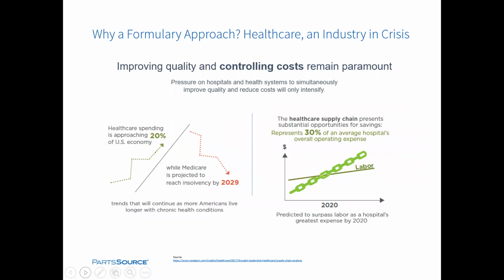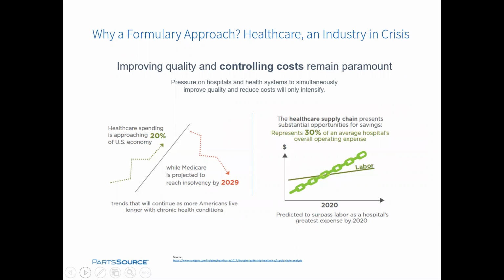So the good news here is that many hospital supply chains are working hard to identify areas for cost containment and to identify opportunities for really streamlining their operations. And this is an area that clinical engineering and HTM can definitely play a role in. And particularly, they can play a role by applying a formulary approach to how we do our purchasing.